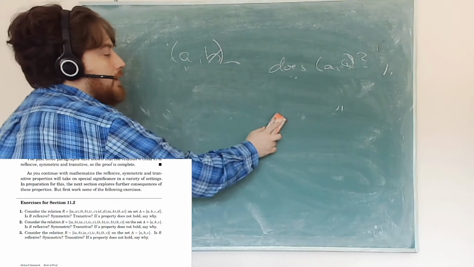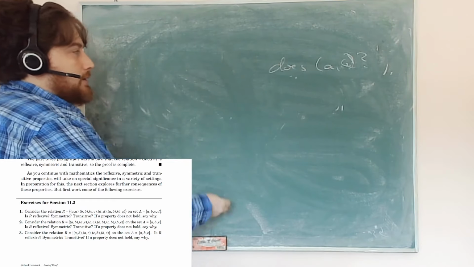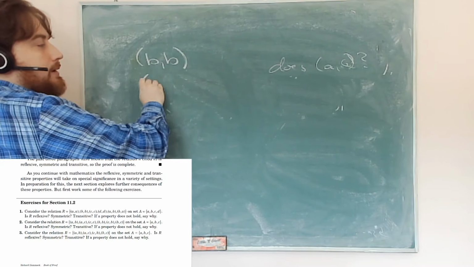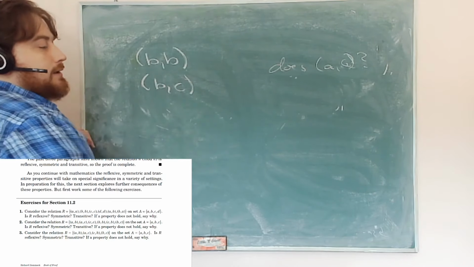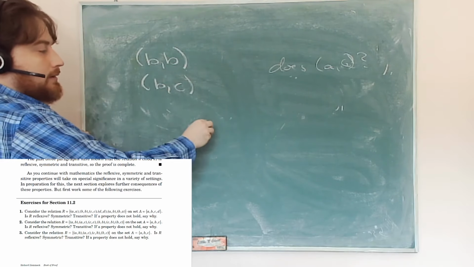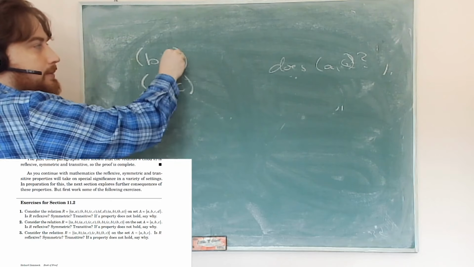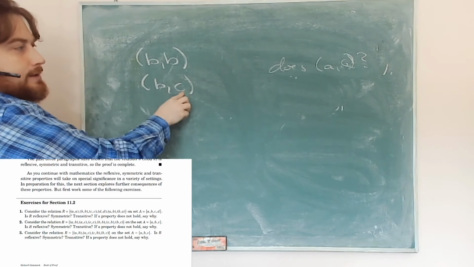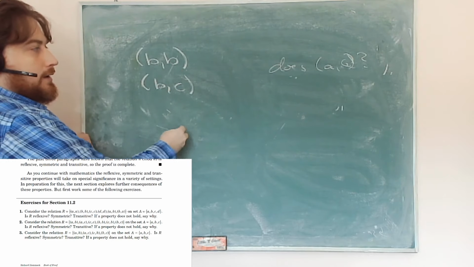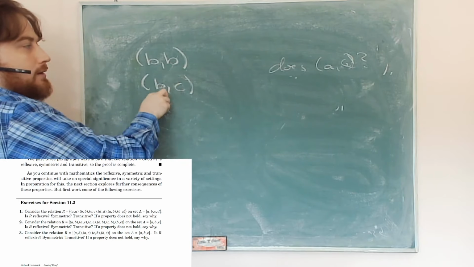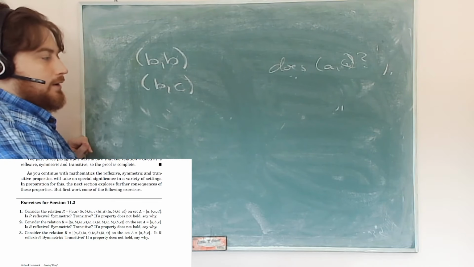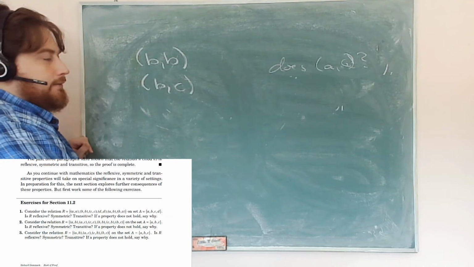Well, I've done all of the A ones, so now I'm going to start with B. I get B goes to B and B goes to C. If I compose these two, what I get is BC, and yes, it is in there, because BC is right here. Since B is going to be here, it's just going to start at B and go to C. So clearly that's going to satisfy the transitivity.